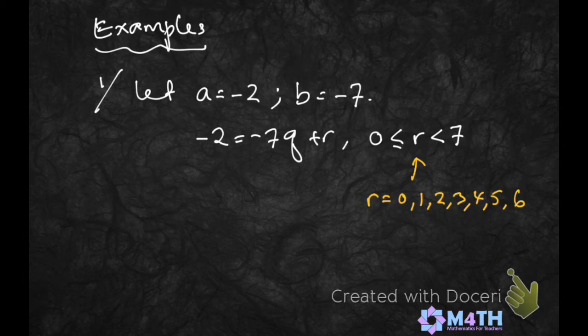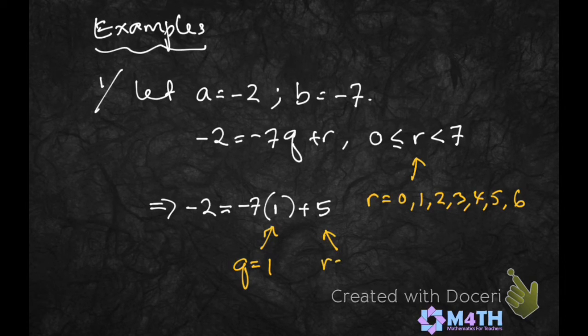If you put r equal to 5, then negative 2 equals negative 7 times the quotient 1, plus 5. So q is 1 and r is 5. You can try other possible values of r to see whether they also satisfy the equation, and you will get a unique answer.